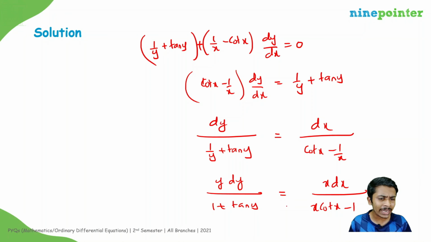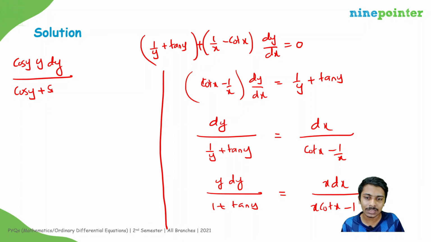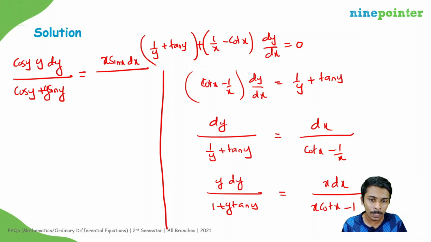So let's convert these tan and cot into sines and cosines. That gives y dy with an extra cos y coming from the denominator, and we will have cos y + y sin y. It should be 1 + y tan y, so we have cos y + y sin y. That is equal to, similarly, x sin x dx divided by (x cos x - sin x). So this is a nice separable equation.